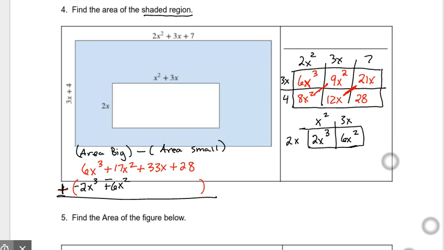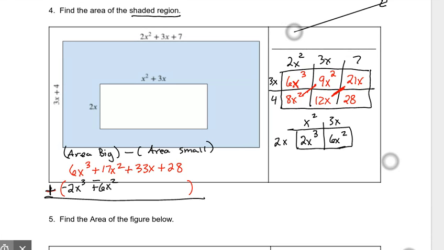So my final answer here is going to be 4x to the third. When I add up these two x to the thirds, with my x squared, 17 plus negative 6 would be positive 11x squared, and then plus 33x plus 28. And that would be my answer for my area.